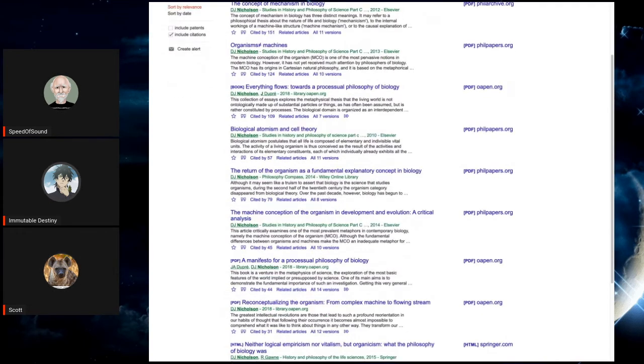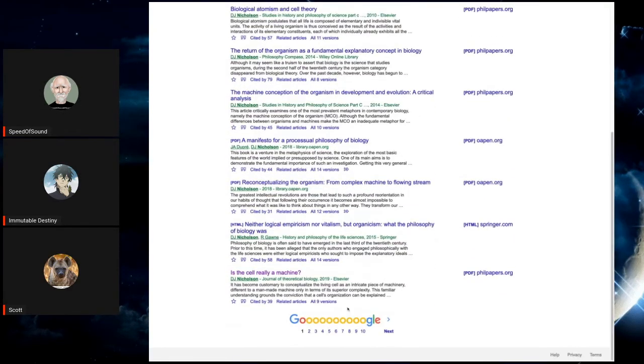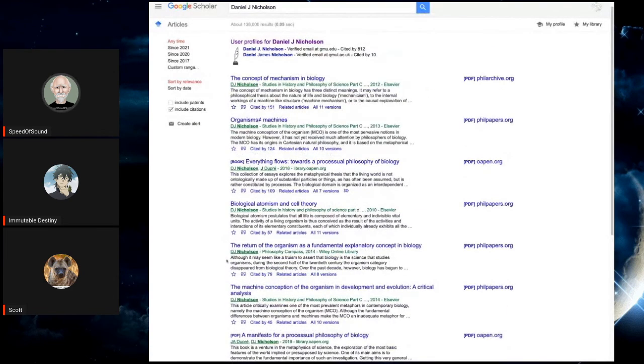Are they organized by date? Where is the cell really a machine right here? Cited by 39, and that was 2019, so that's pretty recent. So he seems to have started in about 2012. Or 2010, because there's a 2010 paper there. Yeah, 2010. Yep. So anyway, he is worth looking at a little more seriously.